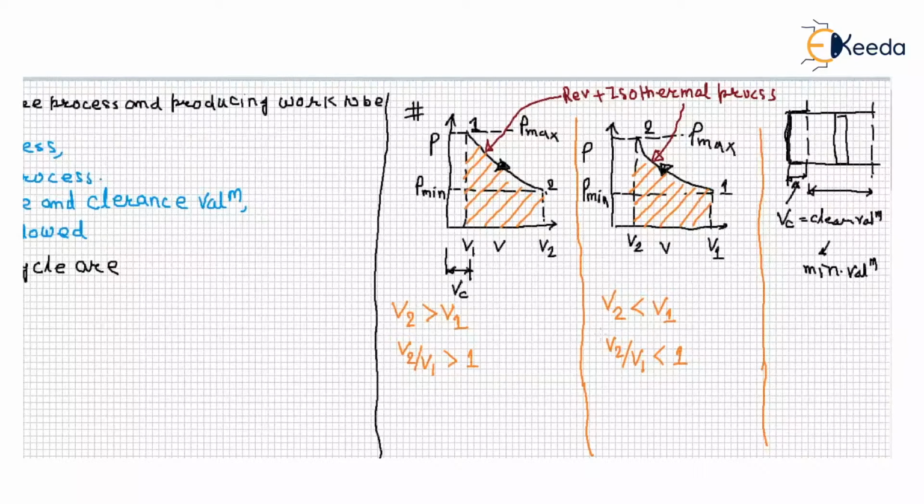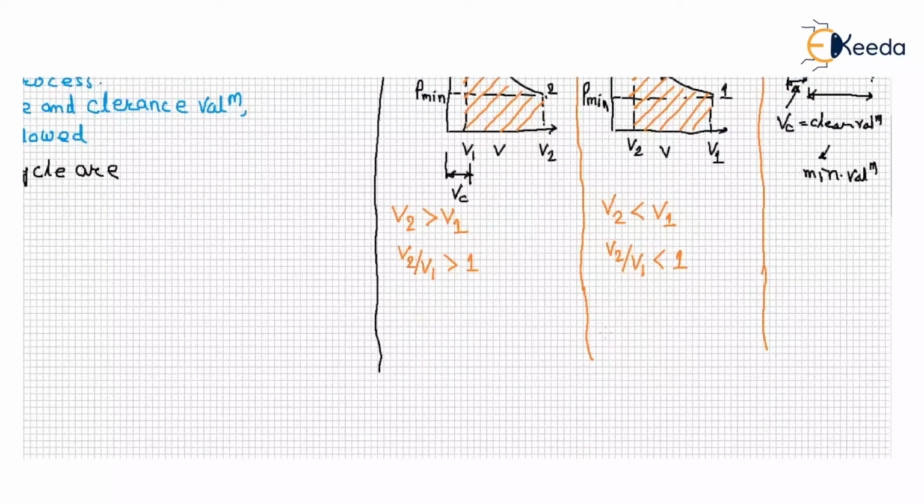So what is the boundary work? What is the work? In this case, if this is isothermal, then work is P1 V1 ln V2 by V1. In this case, work is P1 V1 ln V2 by V1, right?